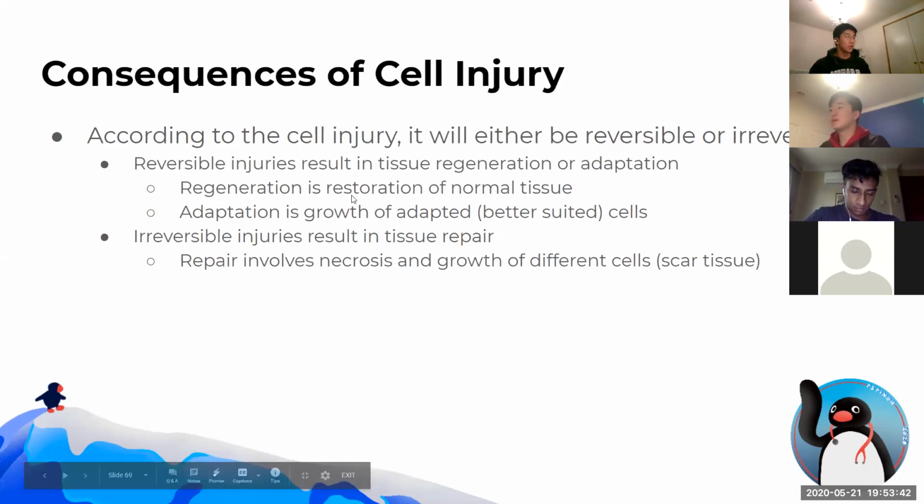We'll go through regeneration and adaptation, but essentially they are good. We're either replacing cells with our normal cells or making better cells, whereas repair will result in just scar tissue, which is fibrous and not very useful. It's just not good.